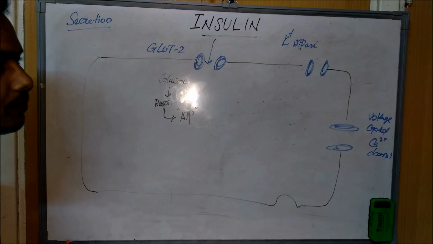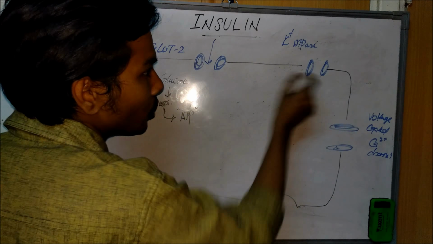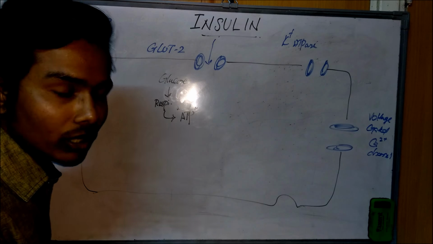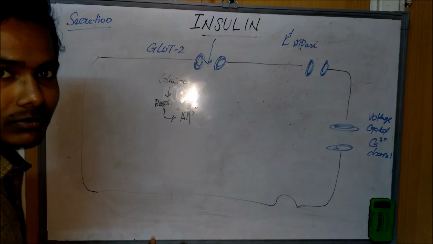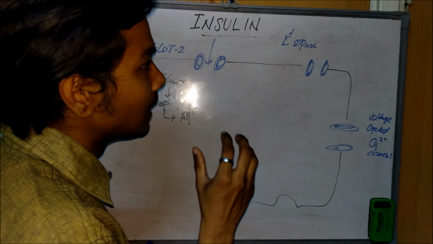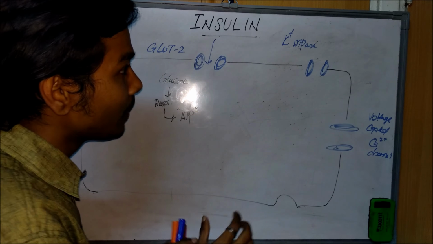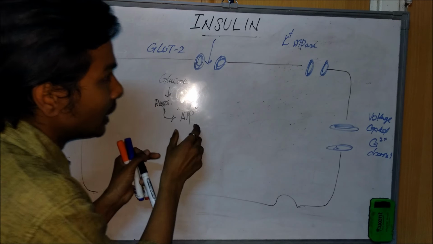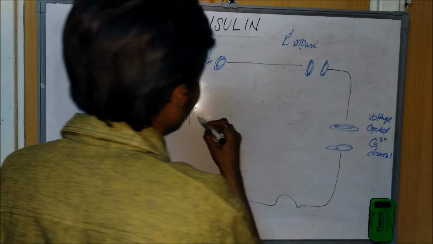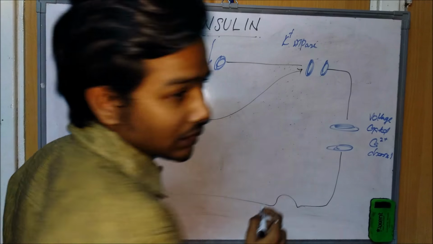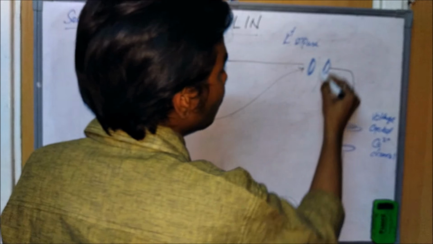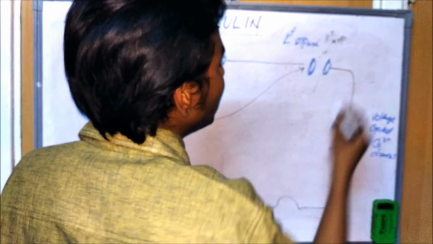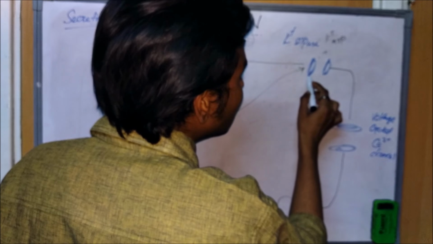This ATP acts on the potassium ATP-sensitive channel, which is sensitive to ATP, so there will be closure of the potassium channel and depolarization.